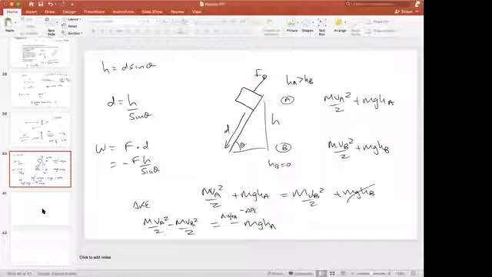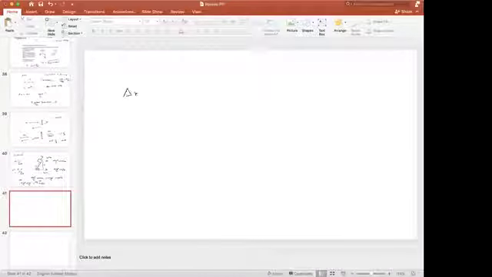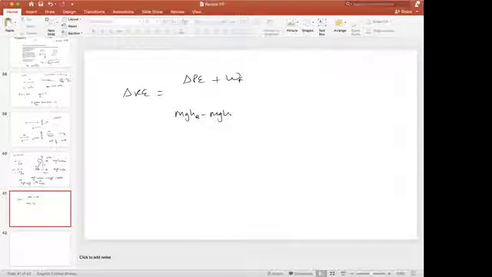So now, the change in kinetic energy has to be equal to the change in potential energy plus the work of this force. The change in potential energy is m g h_b minus m g h_a, but with a negative sign.